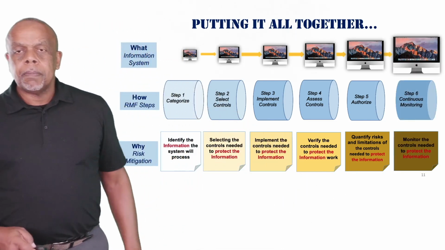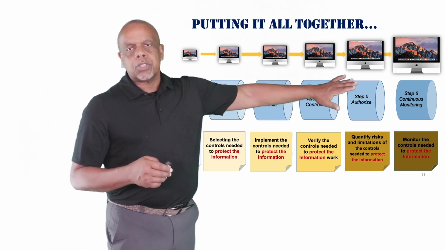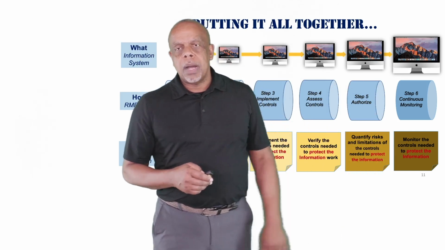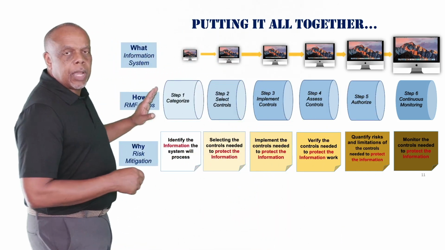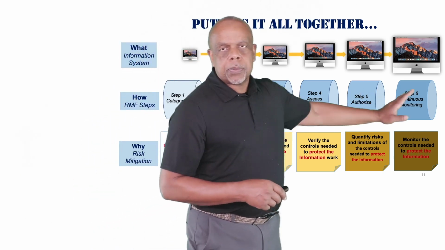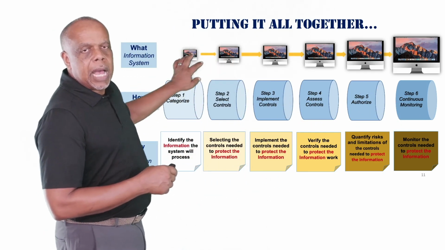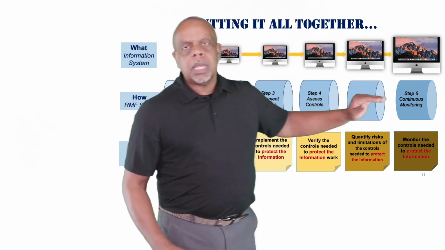And the last step, as we're in operational mode, is continuously monitor. So in this continual monitoring phase, that is where I'm monitoring the controls needed to protect the information. So you see, we start from step 1, categorization, all the way to step 6. It's all part of a continuum from the development concept all the way out to maturity and to the operation and to sustainment.